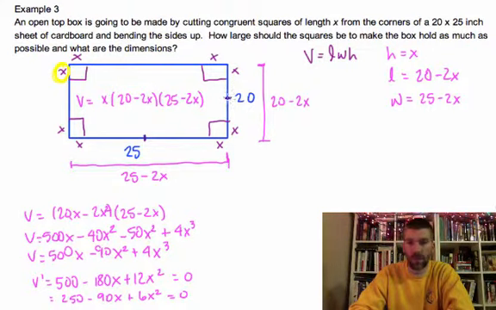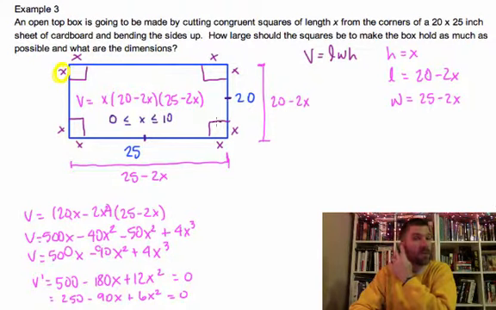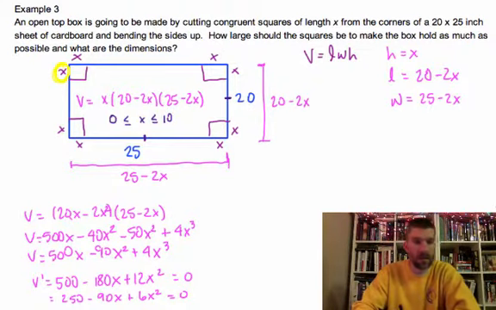So I'm going to say that I can only cut in 10 inches. When I am looking for values of x, I'm going to put a restriction that x has to be larger than 0 and less than 10. So that's the restriction that we're going to look at.